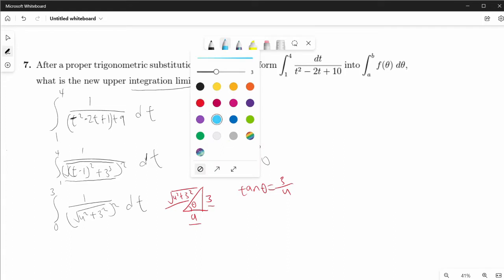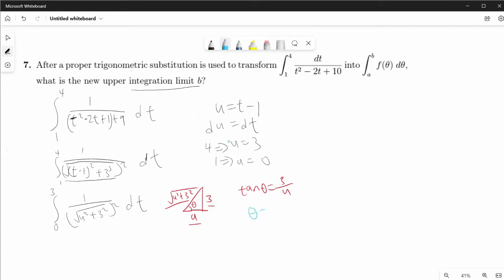So for any theta, it would just be tangent inverse of 3 over u. So just the upper bound, which is the 3 for u. Plug in 3 here.